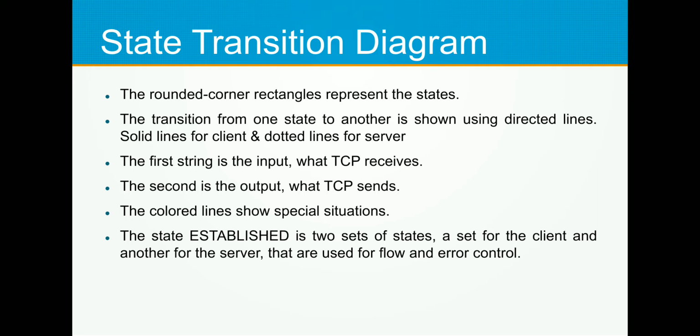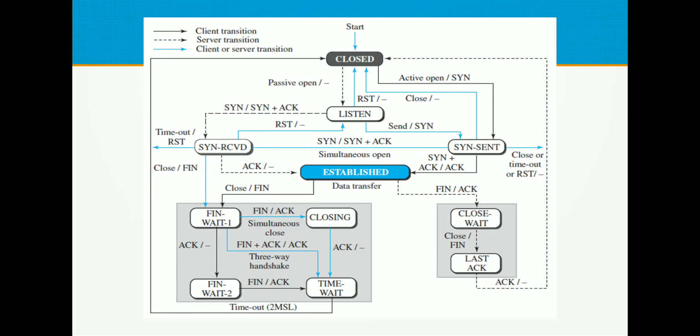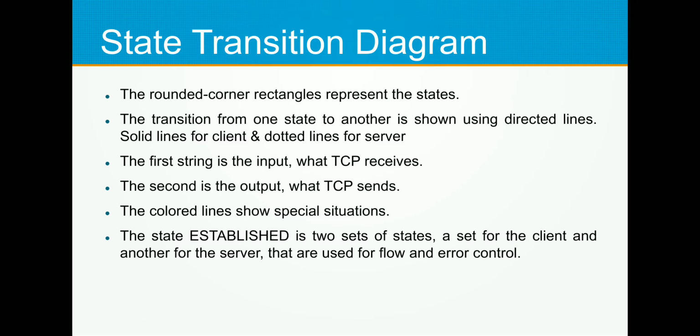And if you look at the diagram here, in between we have a state called established. This established state is actually two sets of states, one for the client and another for the server. And this established state we will later be using to explain both flow control as well as error control.